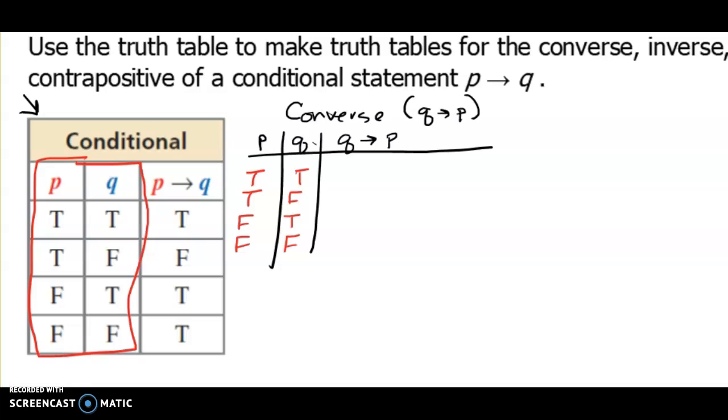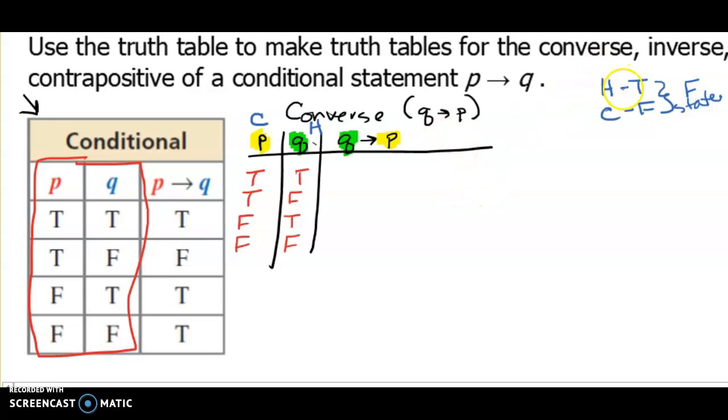Now notice that in this statement, Q is the hypothesis and P is the conclusion. Once again, the only time a statement is false is when the hypothesis is true and the conclusion is false. If you have this, it's a false statement.